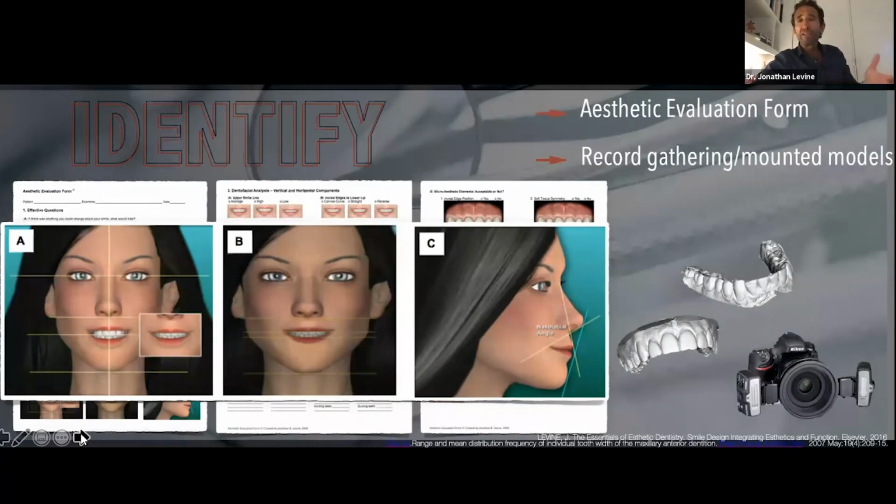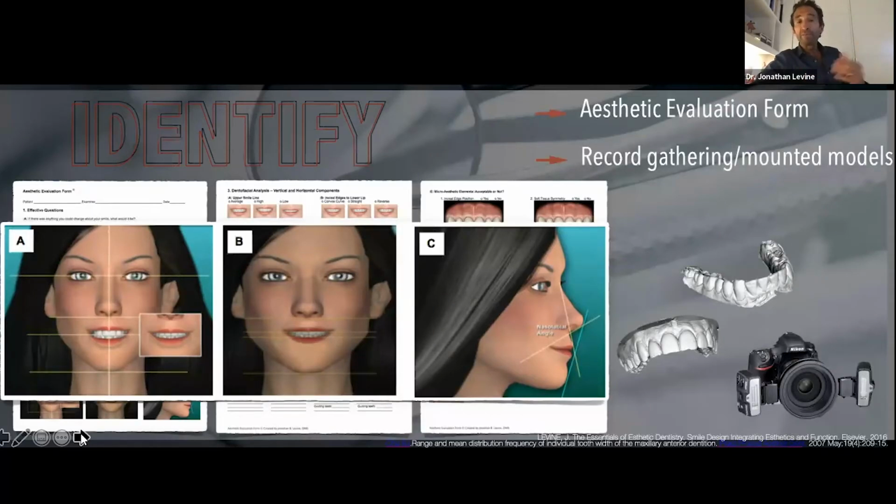Well, if a person's at 30 and shows about 3 millimeters, per the Vig and Brundo study for a woman, and you have a 45, 48, 50-year-old that wants to look like a 30-year-old, we want to show that amount of tooth structure. And we have new concepts that we've developed here, but we want to understand where that lip is at rest. Because remember, through this aesthetic evaluation form, we're going to determine where the gum line is and where the incisal edge goes. Because from there, we're going to build everything.